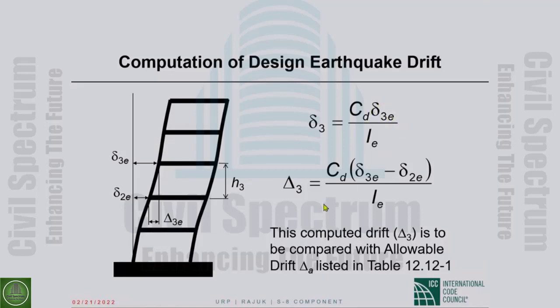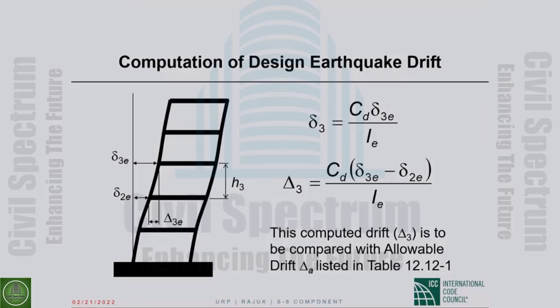We multiply that by C sub D to get to the design earthquake displacement, and then we divide by the importance factor, because the drift limit against which we check the interstory drift is a function of the importance of the structure.